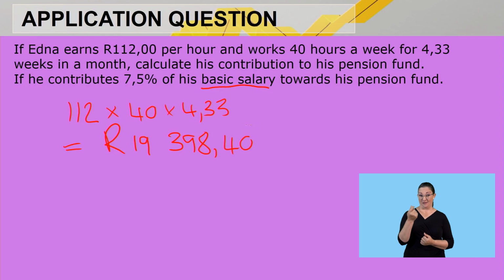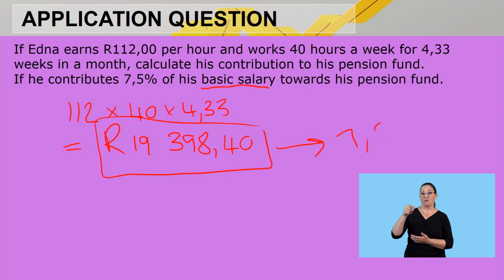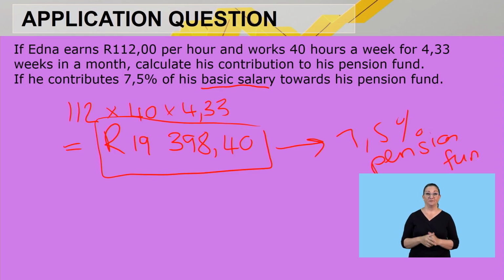So of that 19,398 Rand 40, he pays 7.5% to his pension fund. So we need to calculate 7.5%.